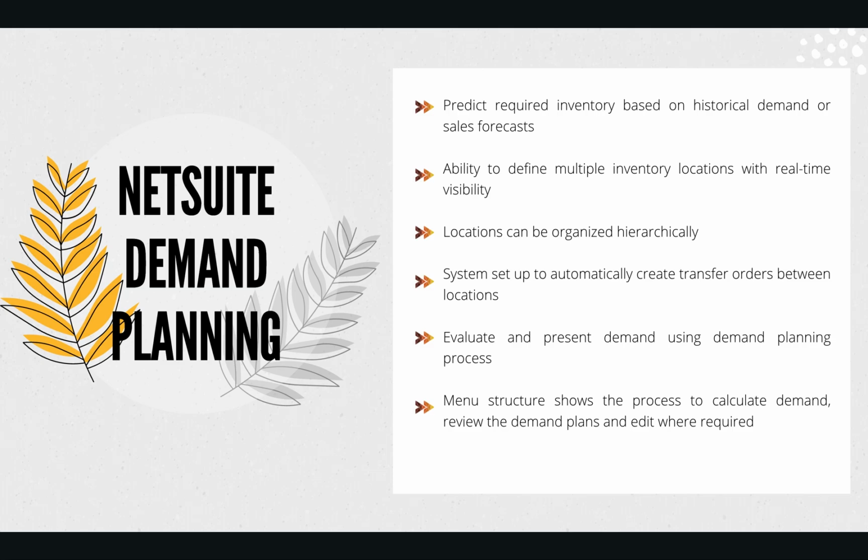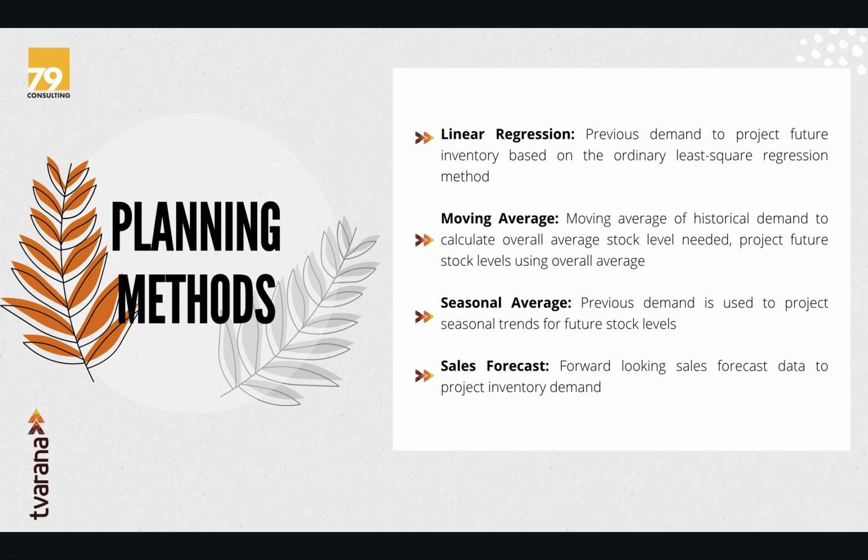A demand can be calculated based on any of the following methods. Available planning methods in NetSuite are linear regression. The user provides demand to project future inventory based on the ordinary least square regression method. That is linear regression.